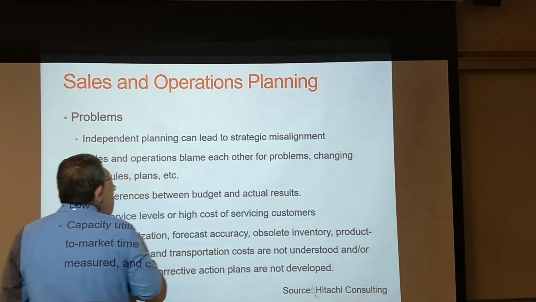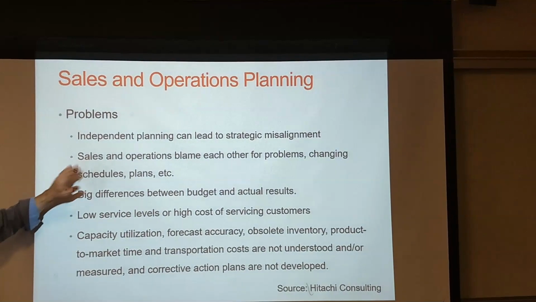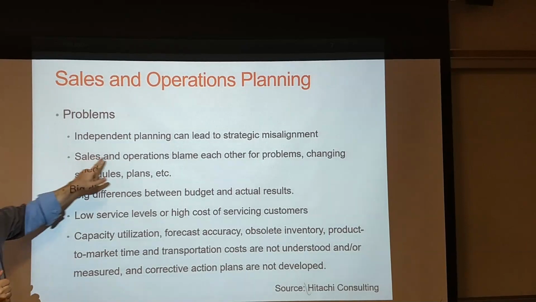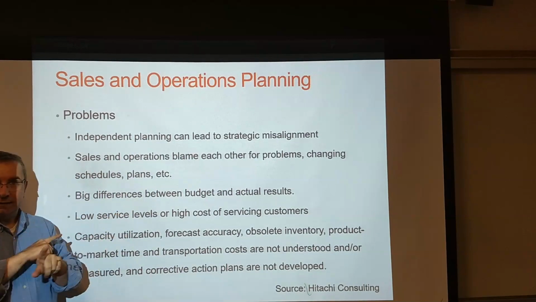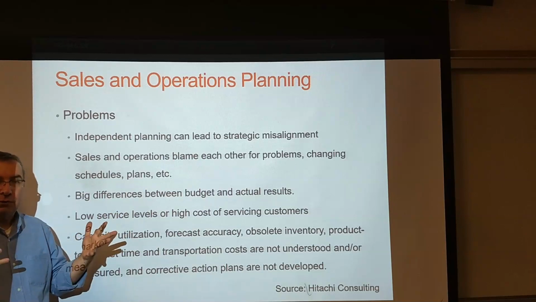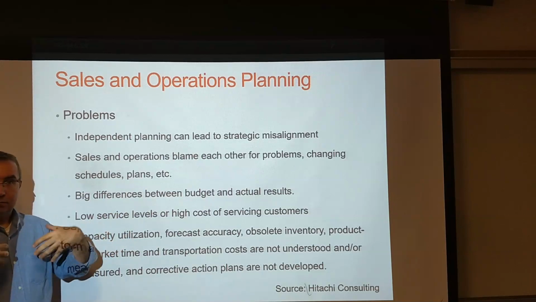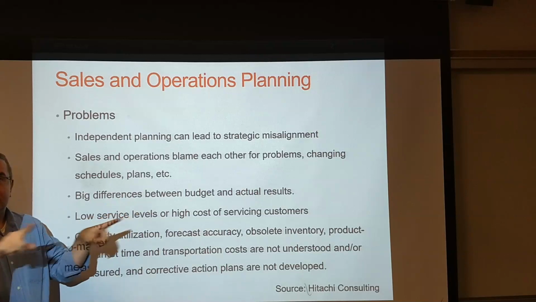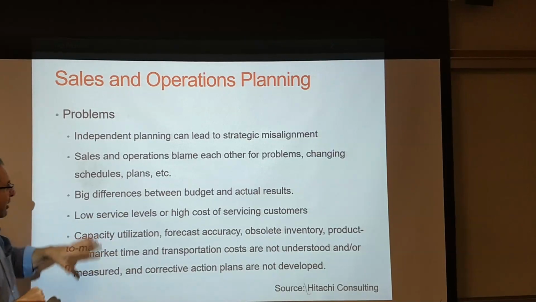Then, if something goes wrong in satisfying customer demand, everybody can blame everyone else. If something goes wrong, it's never our department, never our forecast, never our plan; it's always other departments, other forecasts, other plans.